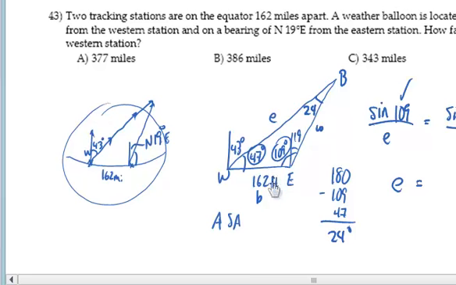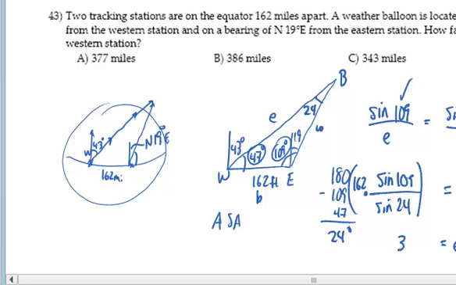E is going to equal the sine of 109 over the sine of 24 times 162, and E would equal 376 or 377 miles.